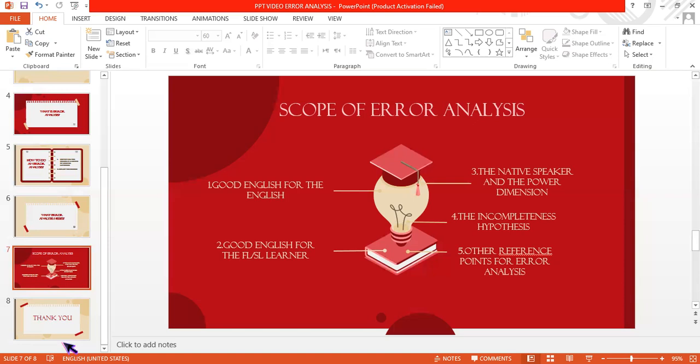The third is the native speaker and the power dimension. There is a long tradition in teaching FL, applied linguistics, and pure linguistics that border on respect for native speakers. This respect for native speakers is well documented and evaluated in Alan Davies' book, 1991.